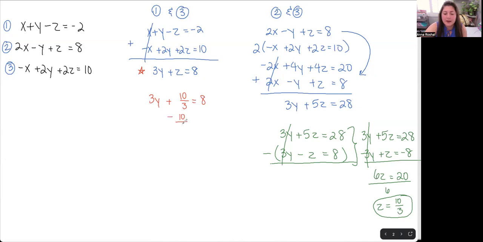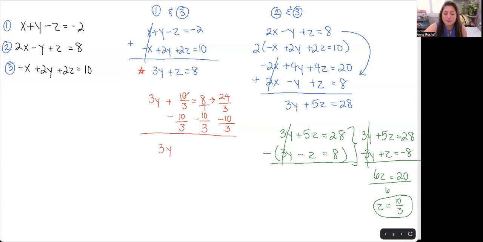I can subtract 10 over 3. I'm going to actually turn the 8 into 8 over 1 and make it into something over 3. So 24 over 3 minus this 10 over 3.